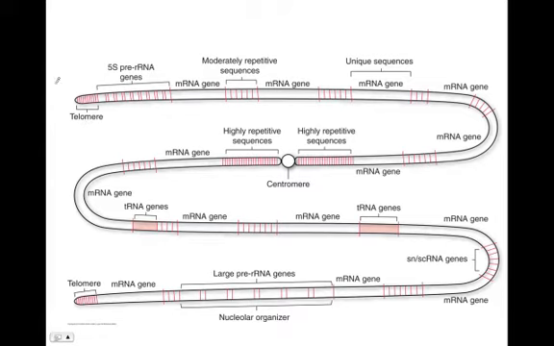It encodes for ribosomal RNAs, denoted here as rRNA, messenger RNAs, denoted here as mRNA, repetitive intervening sequences that may or may not encode for any functional protein or RNA. There are also tRNA genes, shown here, and other large nuclear organizer genes, shown here.